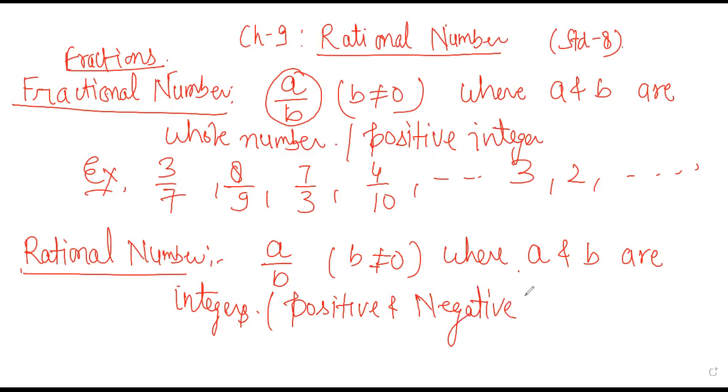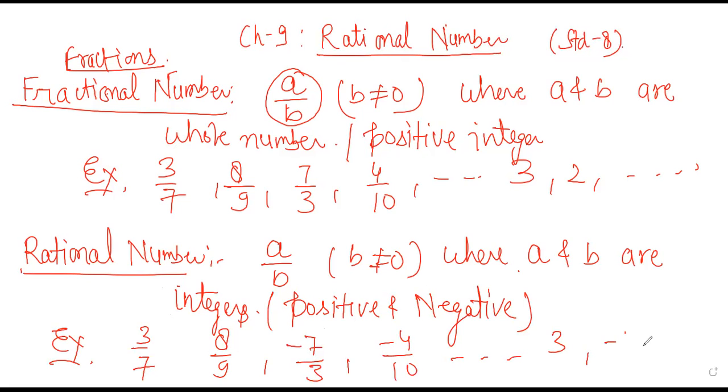Now for examples, you will write these numbers this way: 3 upon 7, 8 upon 9, and some numbers will be written in negative, like minus 3 upon 2, minus 8.